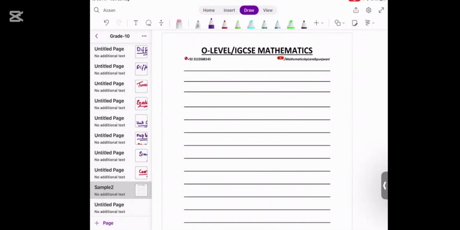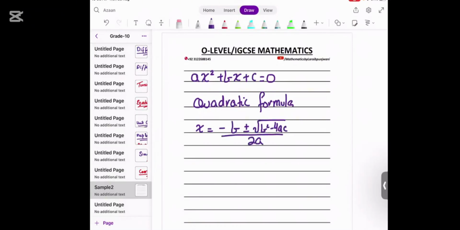So the general equation of a quadratic is, we know that ax square plus bx plus c equal to 0. And the quadratic formula is x equal to minus b plus minus square root of b square minus 4ac, upon 2a.